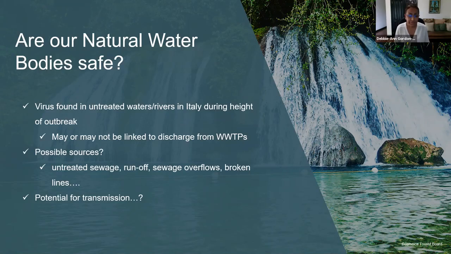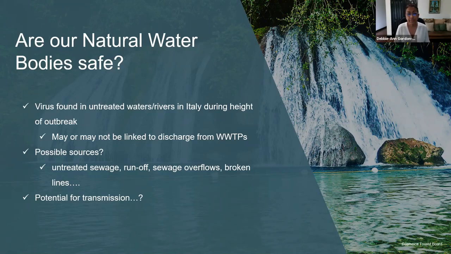Is there a potential for transmission? Well, we know that the survival of the virus depends on all those factors I mentioned, including temperature, solids, organic matter being present, and types of microorganisms. And we do know, though, that the virus can survive for a number of days in wastewater and other types of water.